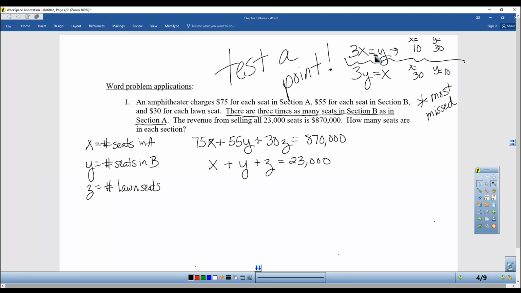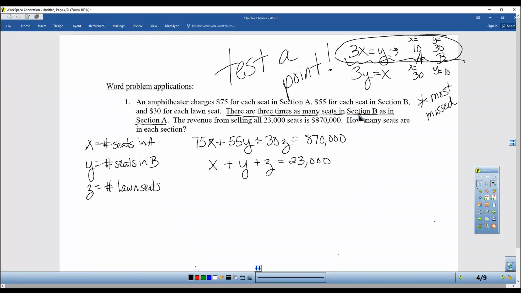You see what I'm saying? So this one, if you made x 10, then y would be 30. But on this one, if you made y 10, x would be 30. So since x represents A and y represents B, which way do you want it? There are 3 times as many seats in B. Which one of these has 3 times as many in B? The top one. That's the one that you want.